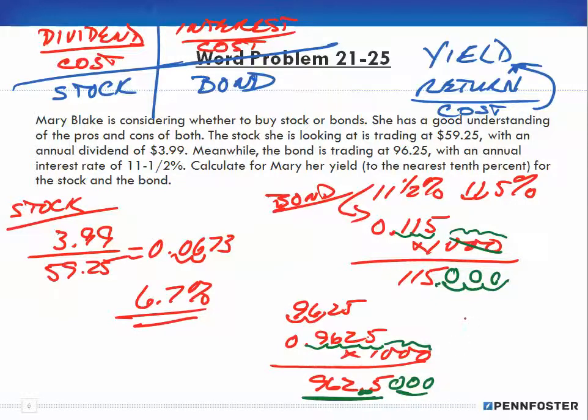And so now we have a cost of $962.50, and my interest is 115.